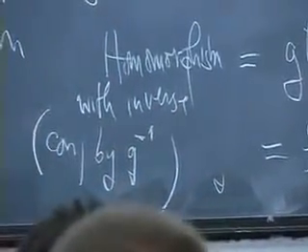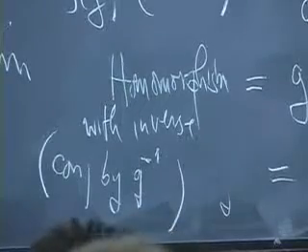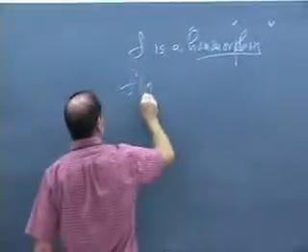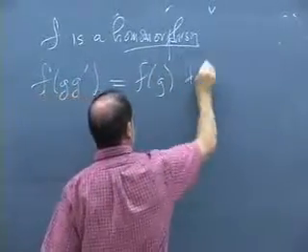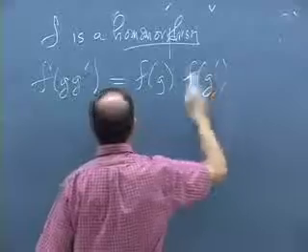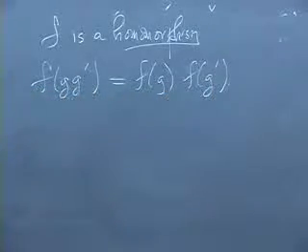And now let's check that F is a homomorphism. There we have to check that F of GG' is equal to F of G composed with F of G', where the first is multiplication in G and the second is composition of automorphisms.